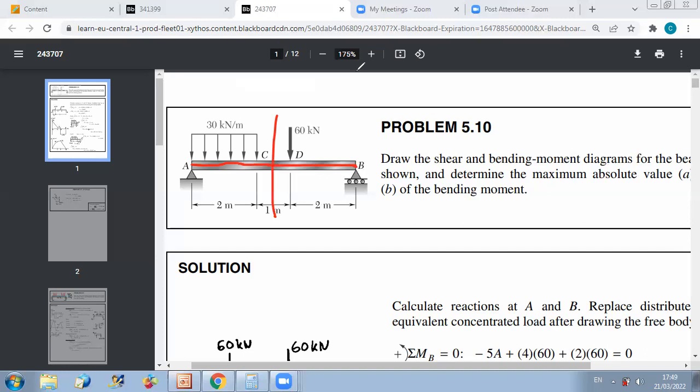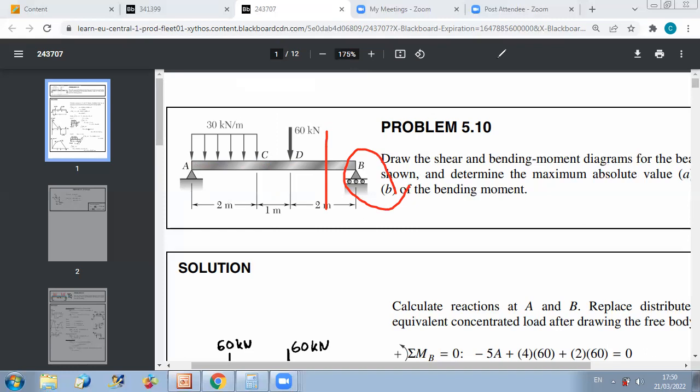Okay. Of course, no need to calculate all reactions, because look, for example, here, if you want to always do analysis of the left part, then no need to calculate By. But sometimes doing the analysis of the right part is easier. This is why always start by getting your external reactions at supports.